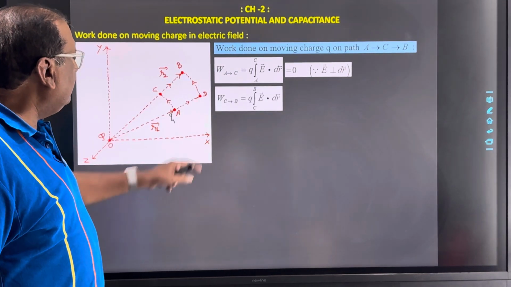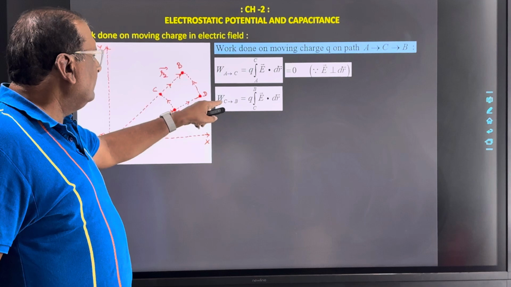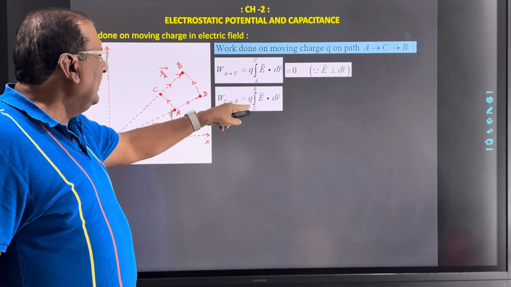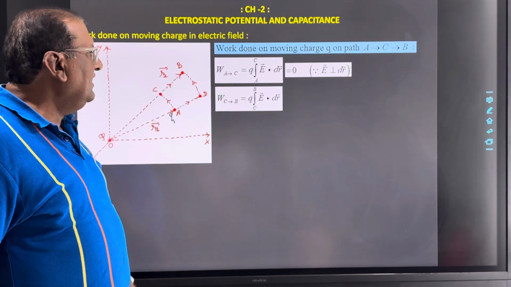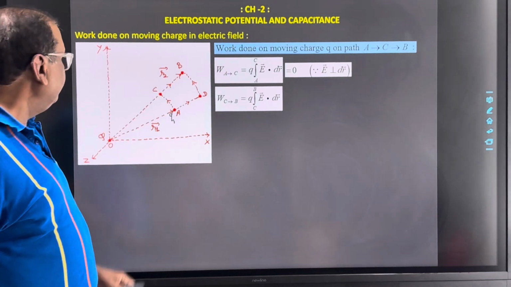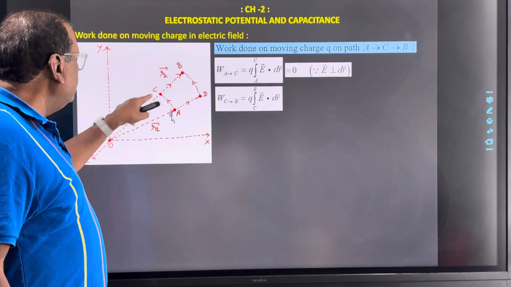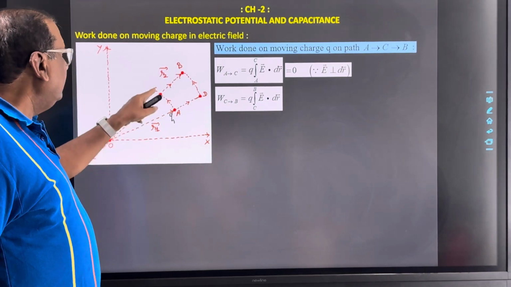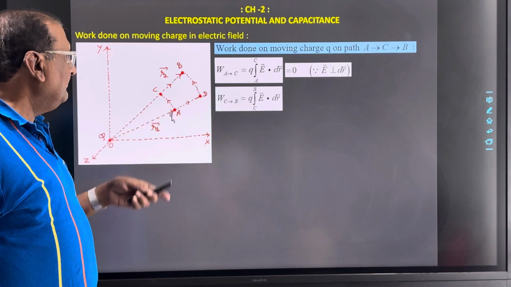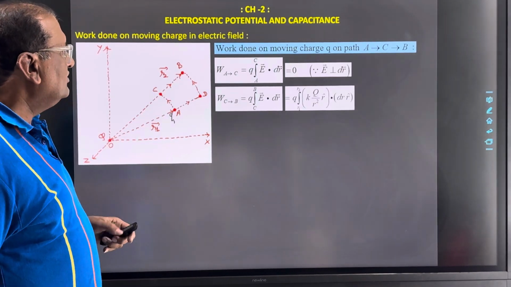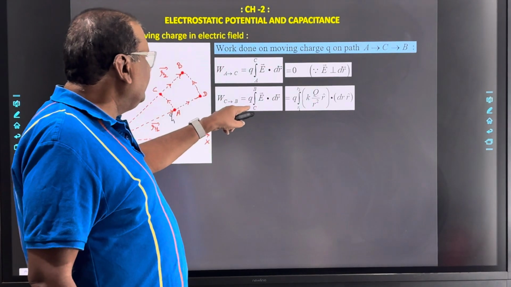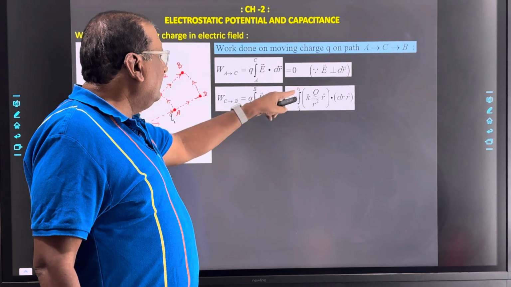So we can write work done from C to B, q integration C to B E dot dr. O to C is R1, and O to B is R2. So we can write the limits here, R1 and R2.